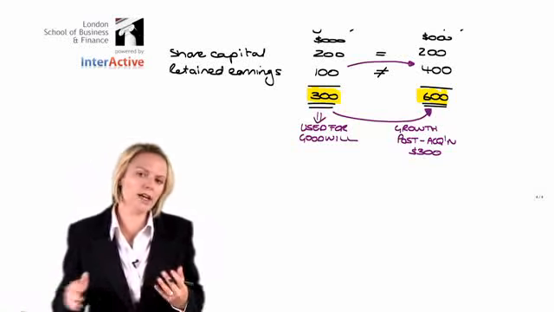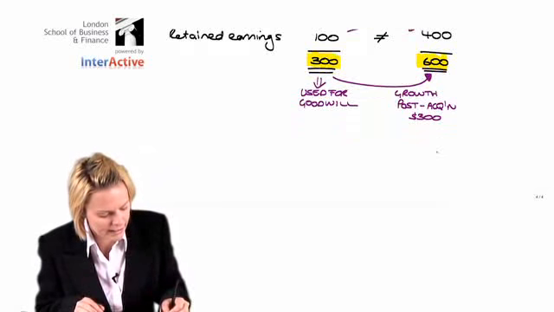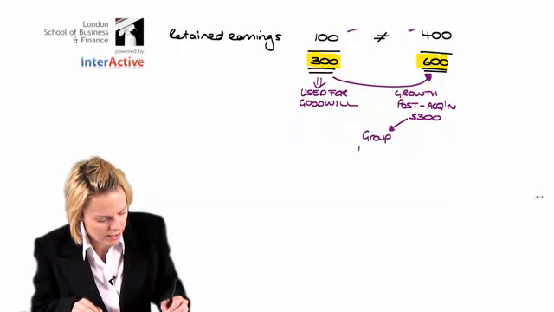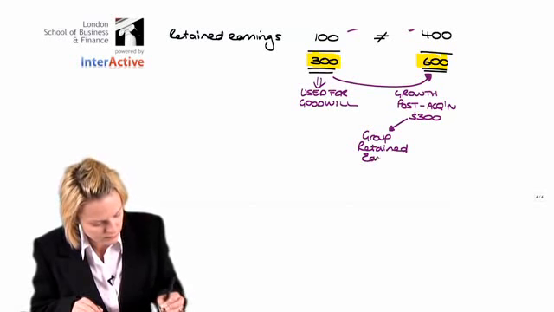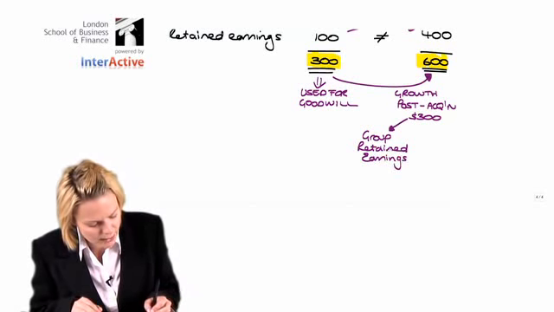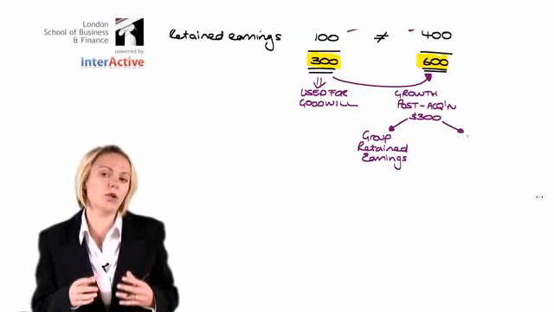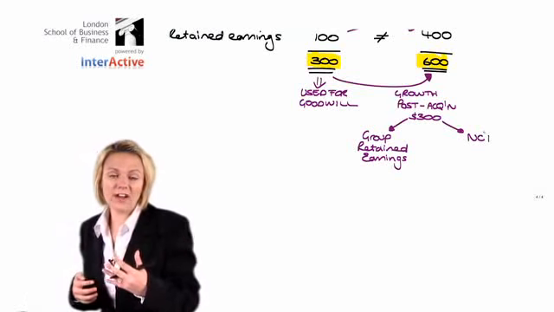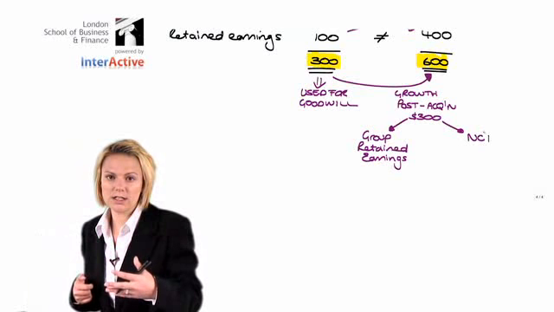So the growth post-acquisition will go to two other workings. Group retained earnings and also the valuation of the non-controlling interest. Now remember, we only own 75% of the subsidiary shares.